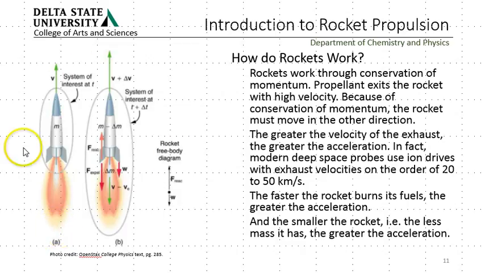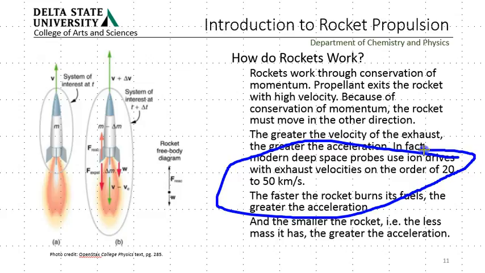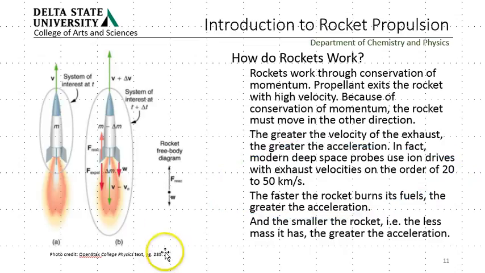Now, one of the things we've done in recent years with probes, and one of the reasons our probes are so much better at visiting multiple places than they were in the past, is that we now have what we call ion drives that get the exhaust up to 20 to 50 kilometers per second. So the exhaust has really high momentum for its mass, and that means you don't need as much exhaust to get the probe moving.